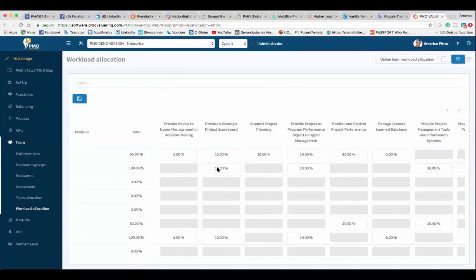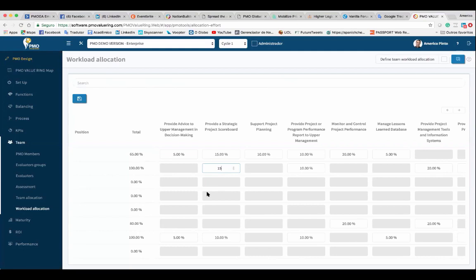It means 16 hours. 16 hours is around 10% of the total of hours that she has in a month. So that's the number that I will insert here, 10, okay? Because I believe that she will work around 10 hours a month, providing a strategic project scoreboard, okay? It's an estimate. You have to define it, okay?